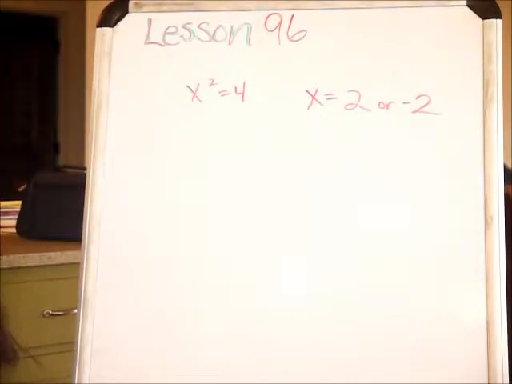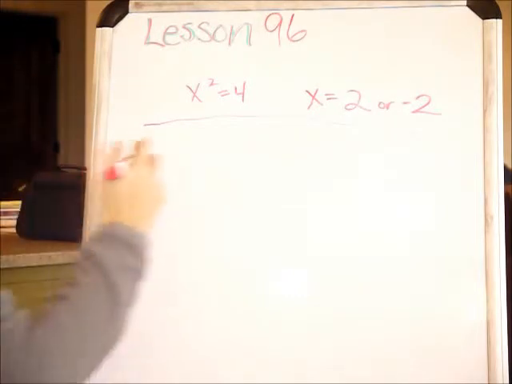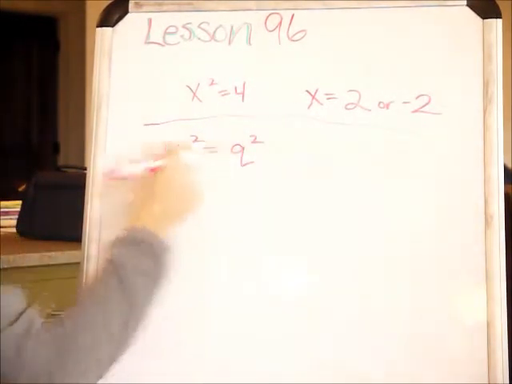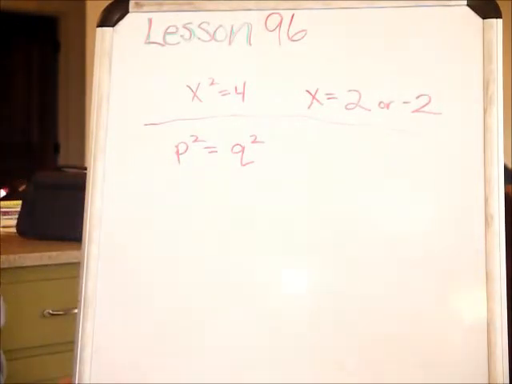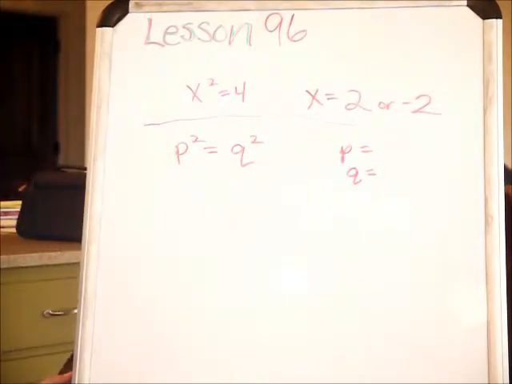So now let's explore something else. You don't have to write anything yet, I just want you to watch. Let's say p squared equals q squared. Can you think of a situation where that's true? What could p equal and q equal for this to be true?